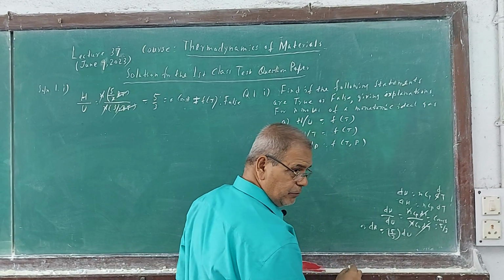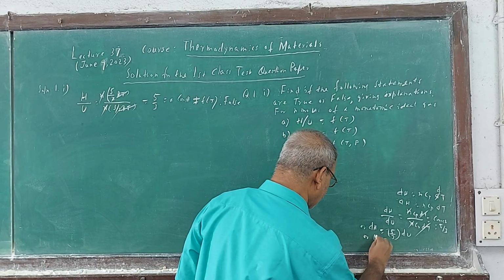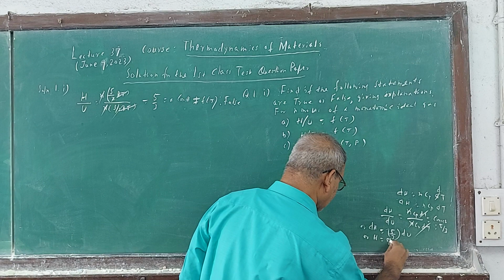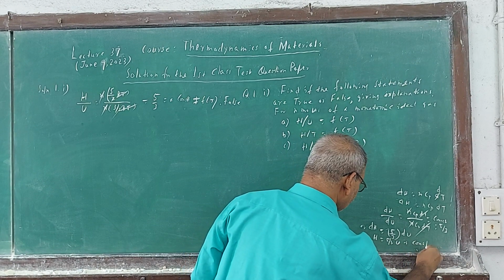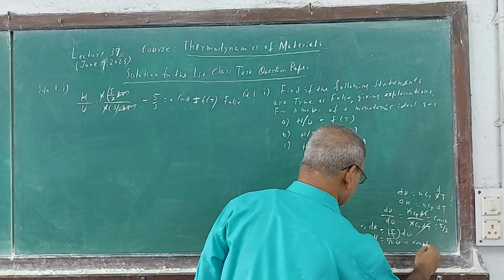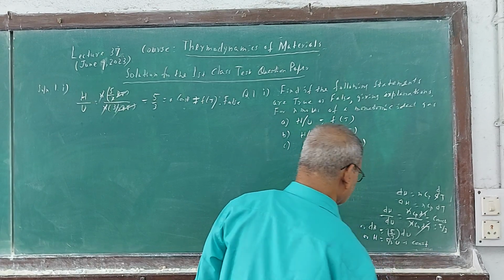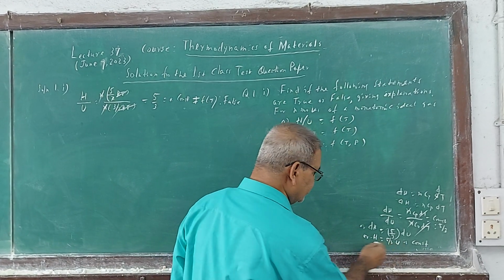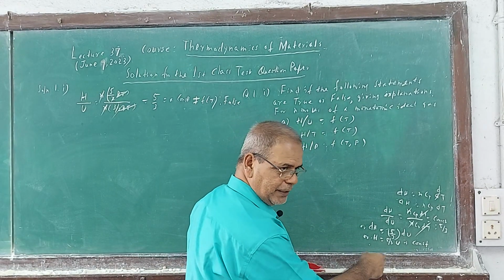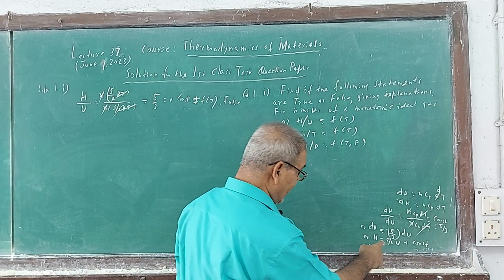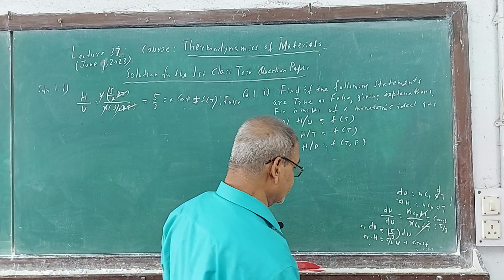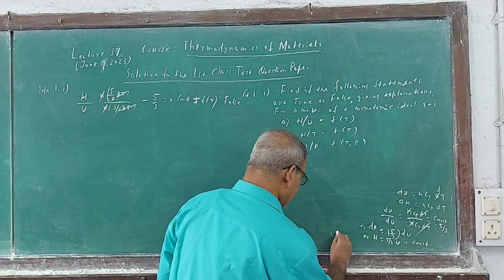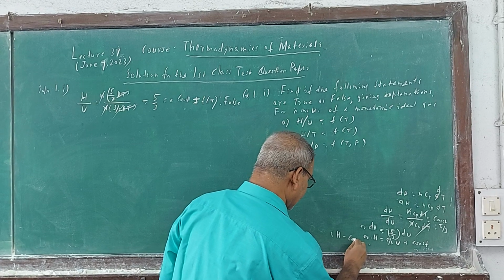I am integrating for you: H is 5 by 3 U plus another constant, a second constant. So is H by U 5 by 3? H by U is a constant? H minus constant by U is constant. See my point? You have to subtract the constant.